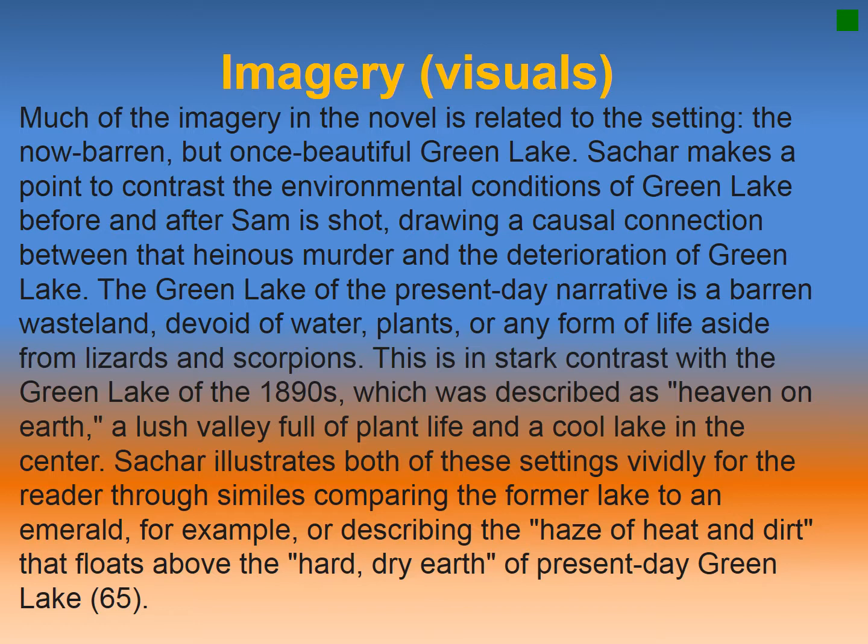It's a barren wasteland, devoid of water, plants, and any form of life aside from lizards and scorpions, that is. And it's a contrast to the Green Lake that was there in the 1890s, that was called Heaven on Earth. Back then it was a lush valley full of plant life, and now we're talking about the hard, dry earth of present-day Camp Green Lake. That's the imagery.